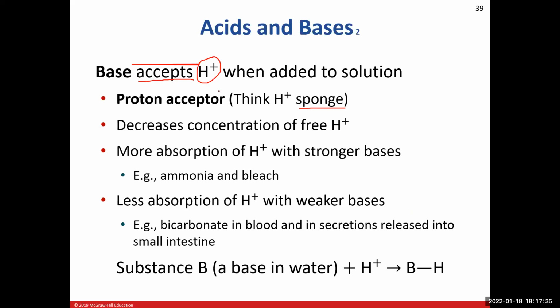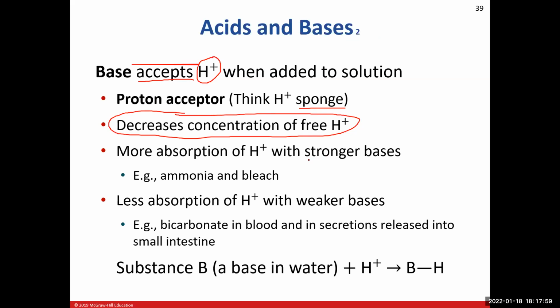So we call bases proton acceptors. A base is going to decrease the concentration of free hydrogen ions because it goes around and absorbs them.